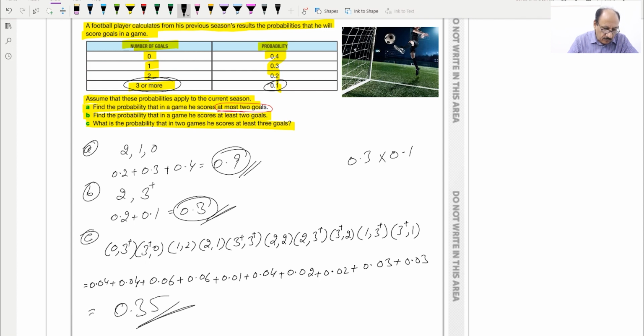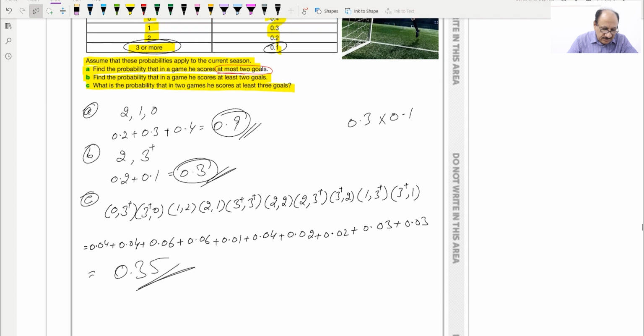This will be the probability for 2 games, at least 3 goals.